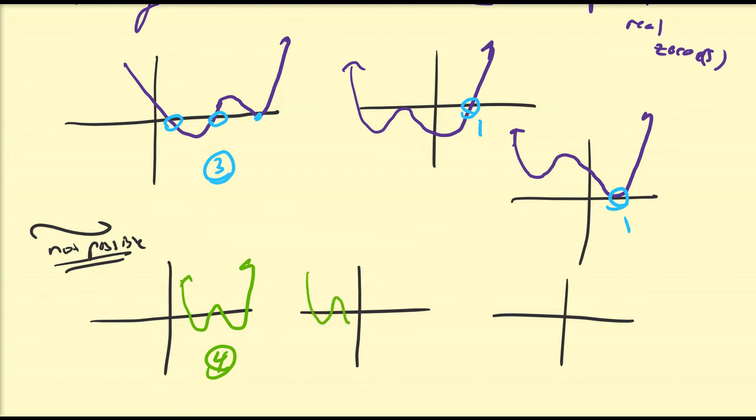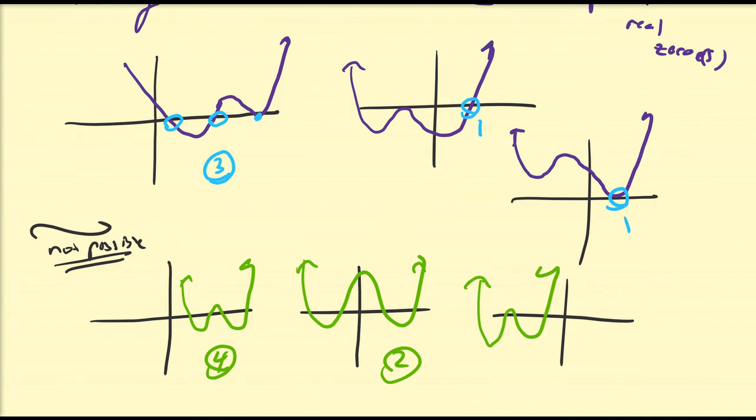So 1, 2, that's too many. So that's our 2 case. So you can't have 4, you can't have 2, and you can't have 0. So Descartes says it either passes once or 3 times. It can't be 0, 2, or 4.